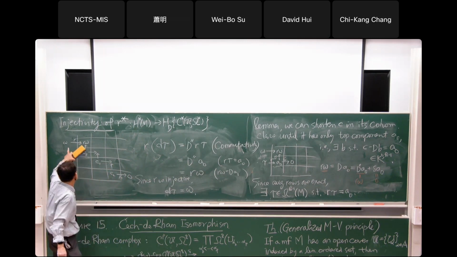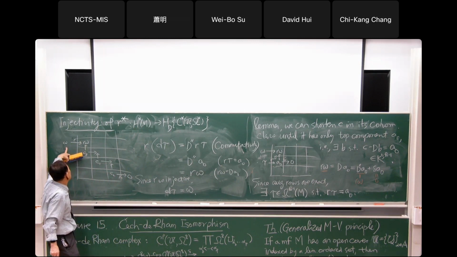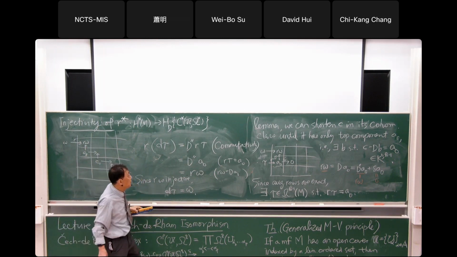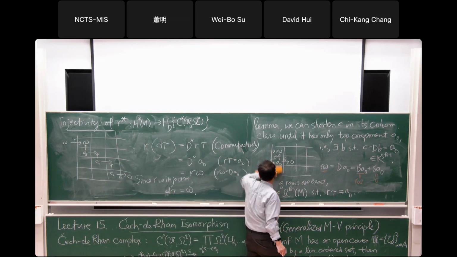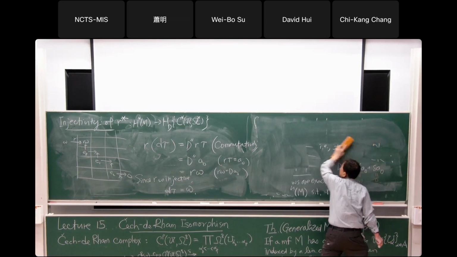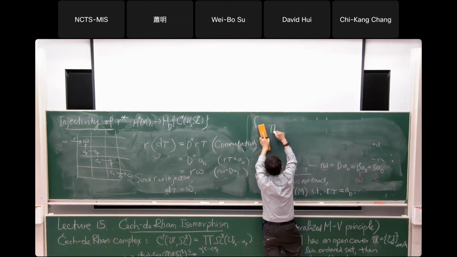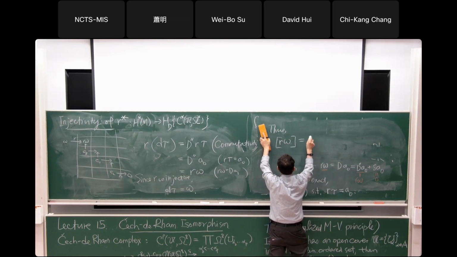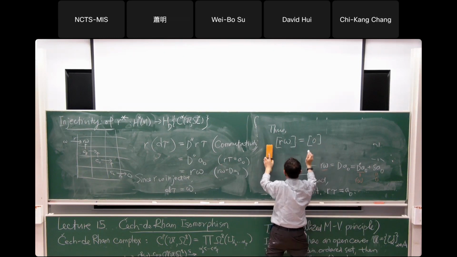So we started with an omega that maps to an exact element, and now we show that omega is exact. So what we have proven is that we started with omega such that the cohomology class of R omega is 0.